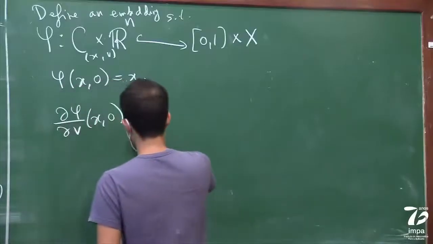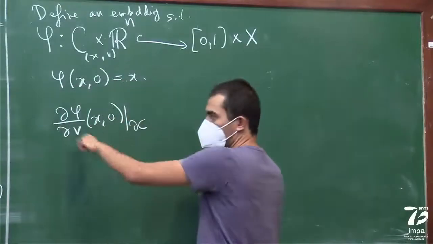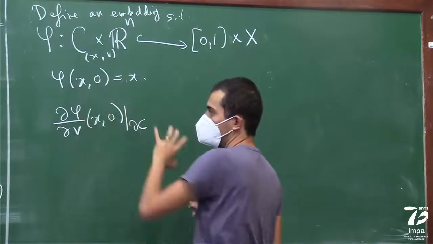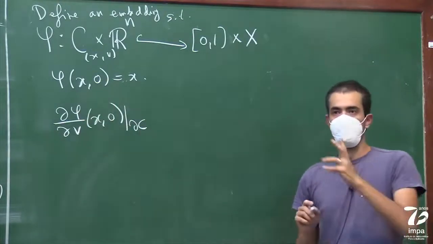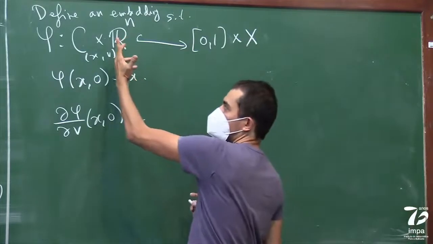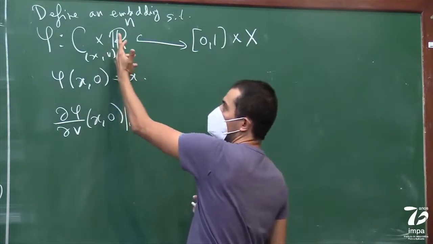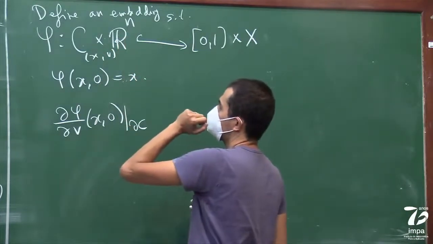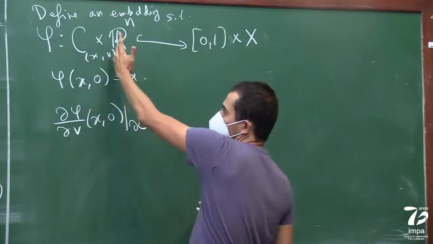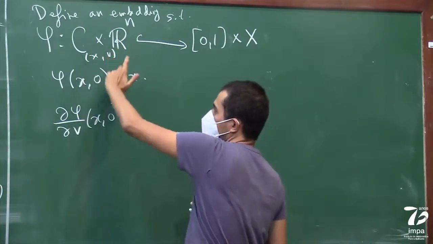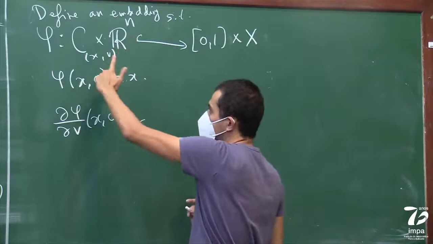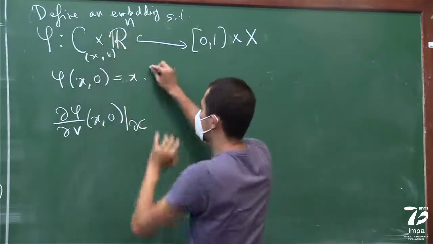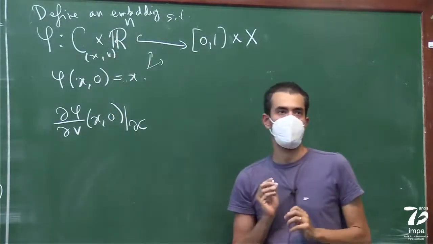So on the boundary of C, I want to fix this matrix. That's exactly what happens at 0 on this curve, that's the basis that's going to give this.